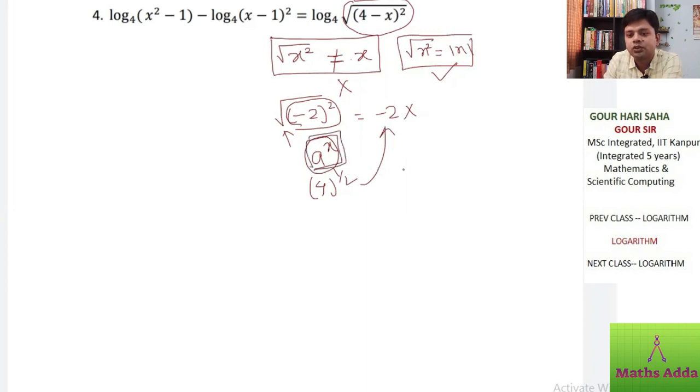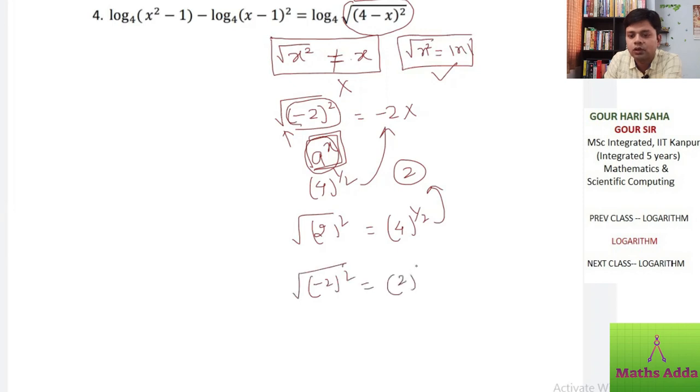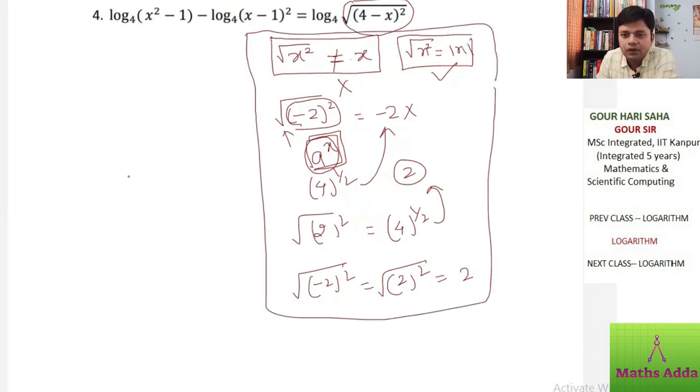So it should be 2. This is again 4 to the power 1 by 2, that is 2. So whether it is root of minus 2 whole square or root of 2 whole square, it is actually 2. That's why whatever is inside, you put mod and then get the answer. So this is a very important thing.